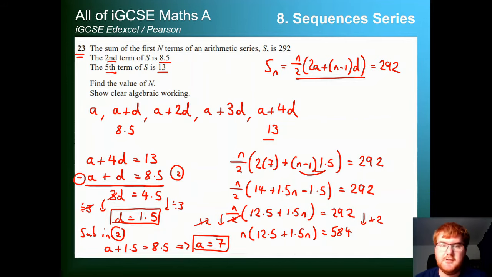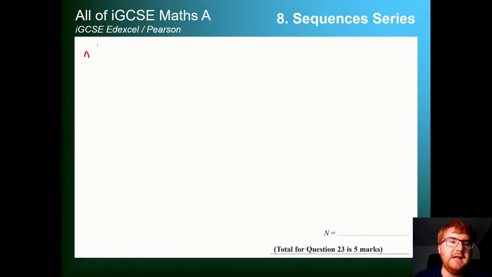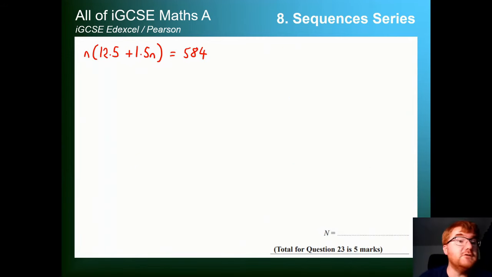So let me copy this across to my next slide here, seeing it's a 5-mark question. So we get n brackets 12.5 plus 1.5n is equal to 584.